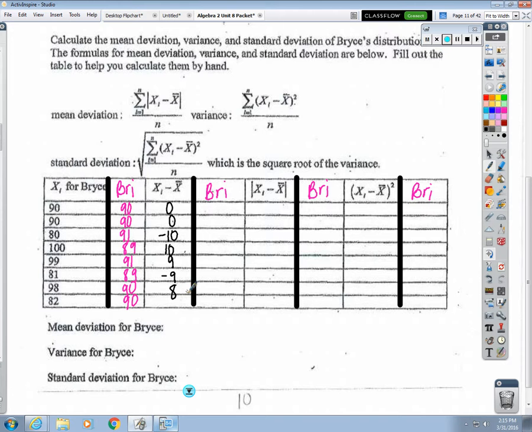And what's 82 minus 90? Negative 8. Are you sure the third one's right? All you're doing is you're taking each test score and subtracting the mean from it. The third one, negative 80 minus 90 is negative 10. Oh. Okay, that's all you're doing, subtracting the mean from all 8 of his test scores. Okay, and that's how we got these values. No, the mean was 90.